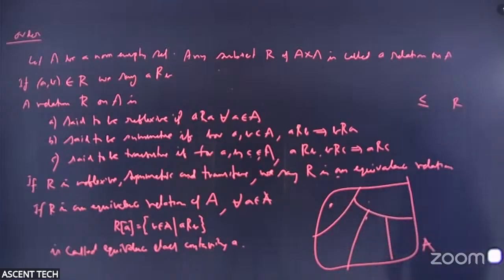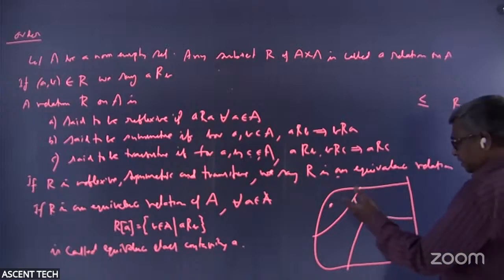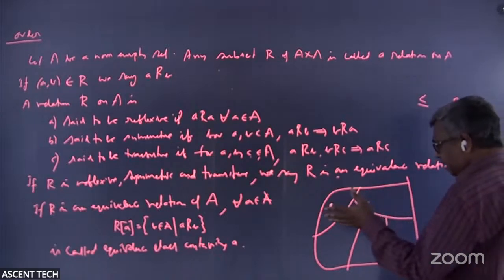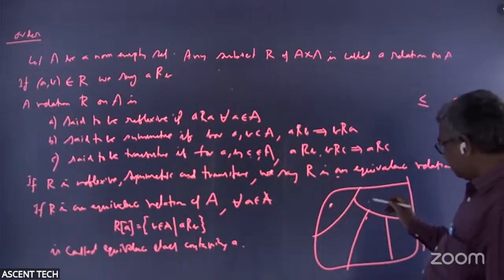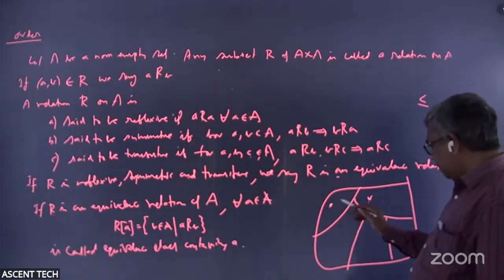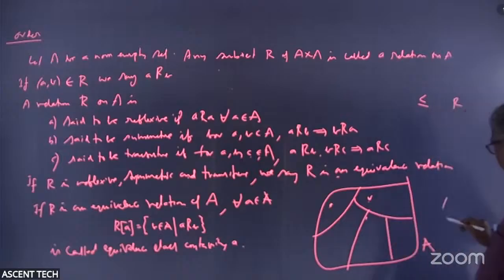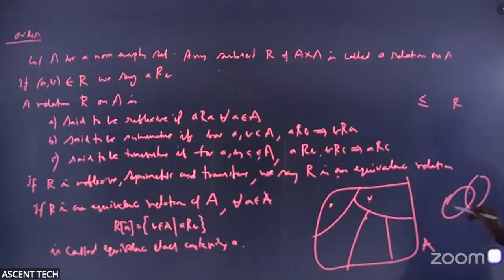It turns out it's easy to see that any two equivalence classes are either identical or disjoint. Because if two of the equivalence classes share an element in common, say b, then every element here is equivalent to every element here.